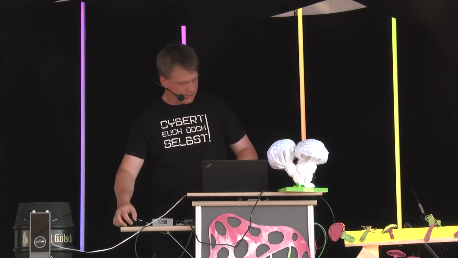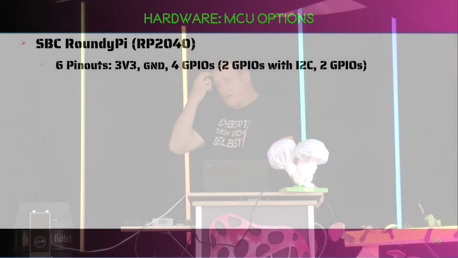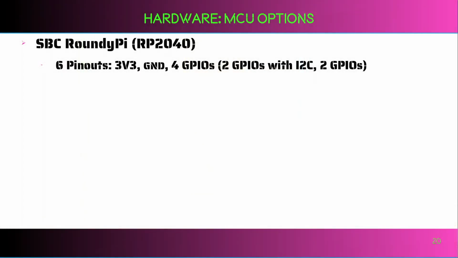So the first one that I started with is the Roundy Pi. That's a board with a round display, and that's actually the one that's built in right there. It has an RP2040 in there, which is what's on the board known as the Pi Pico. It has 6 pinouts, works with 3.3 volts, so that's perfect for us.